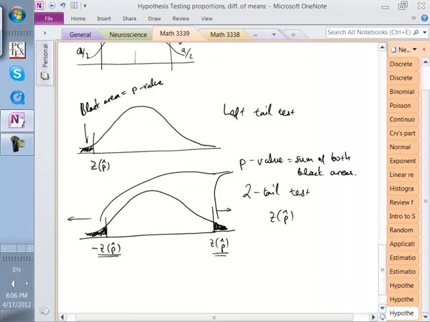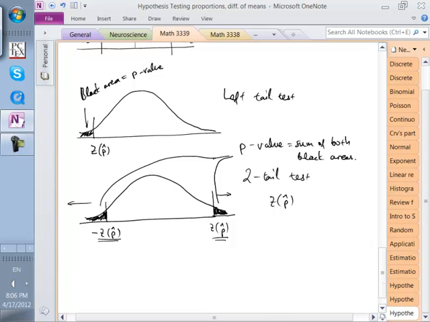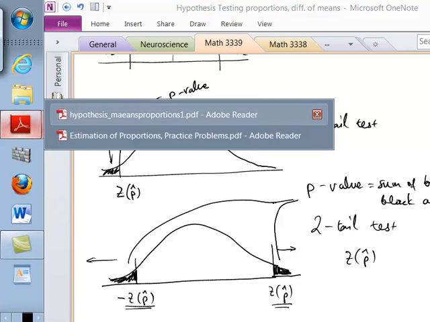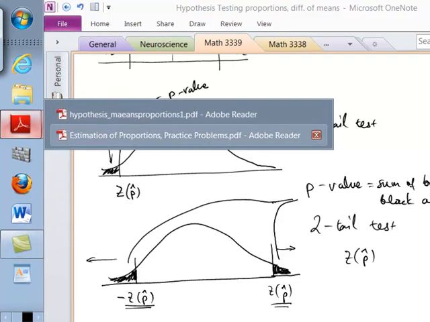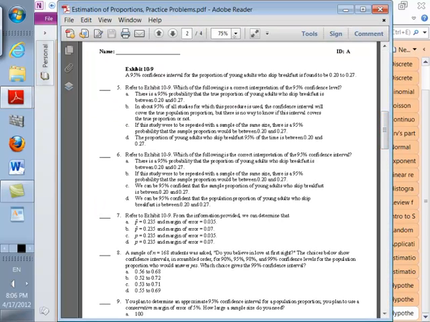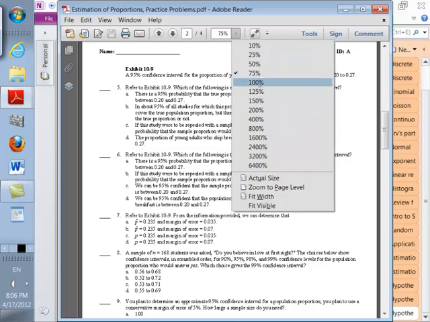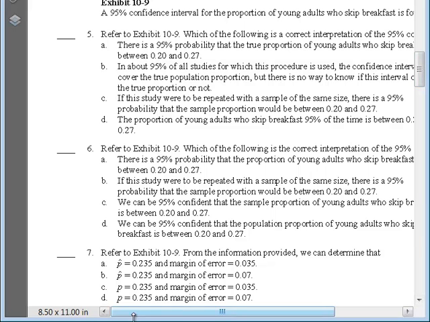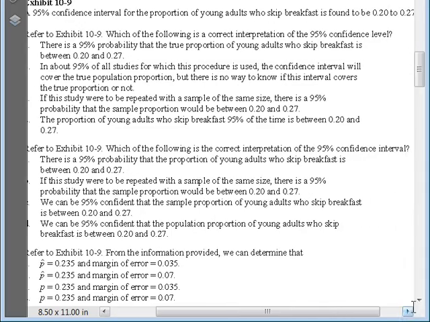So this is the trick with the p-value. Now, having said all of this, I want to go back to our estimation problems. Those were the problems that we used for estimation of confidence intervals, but actually I can use them to manufacture problems for hypothesis testing.